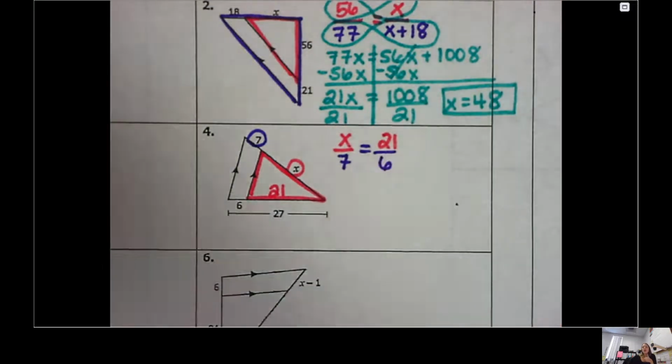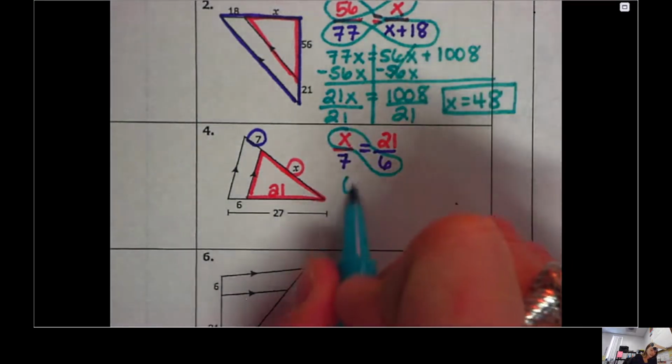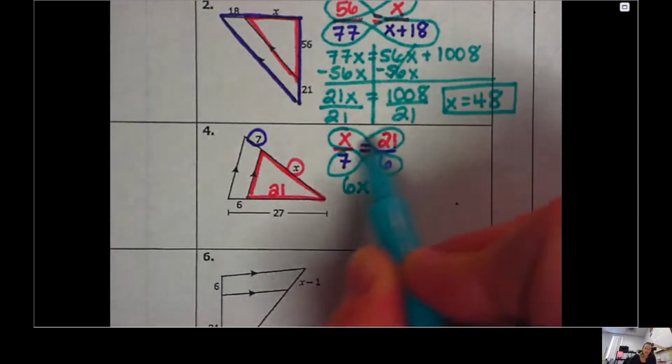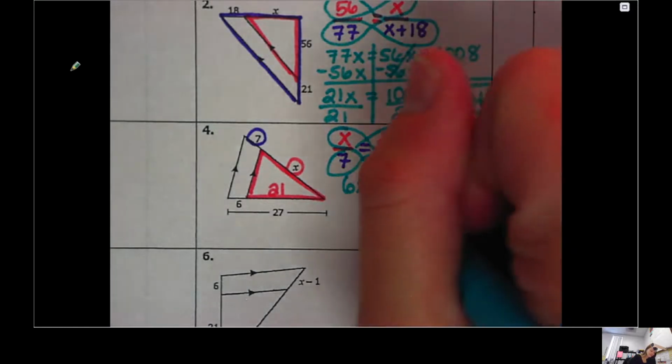And again, it's cross multiplication. So x times 6 is 6x. 7 times 21 is what? 147.